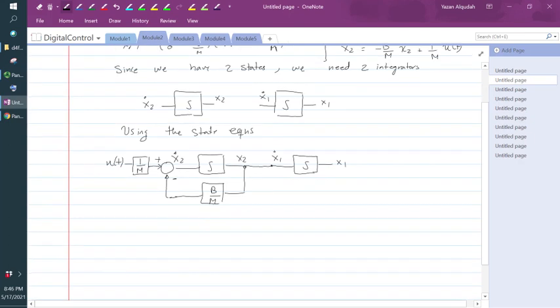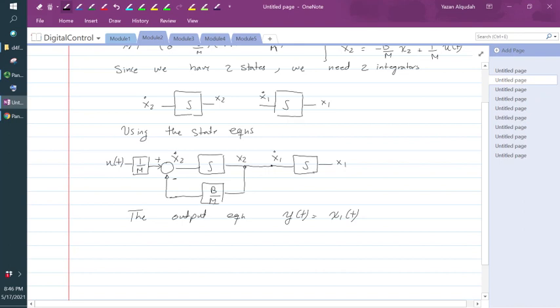Okay, now we still have the output. The output equation from the state space representation tells us that y of t is equal to x1 of t.